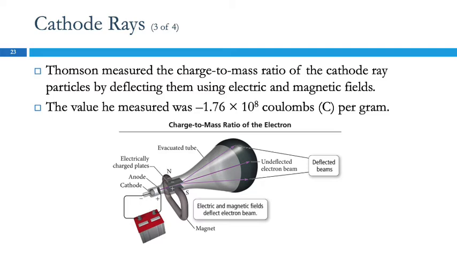And this is the value that he measured. Coulombs is just a unit of charge. It was negative 1.76 times 10 to the 8th coulombs per gram. So this is the kind of apparatus that he used. So he's generating his cathode ray here, shooting it through these electric and magnetic fields and causing them to bend.